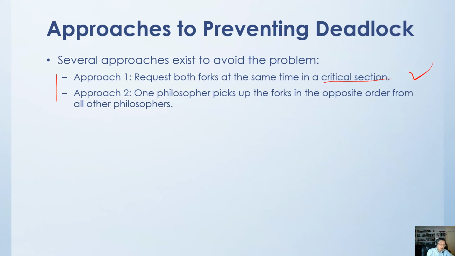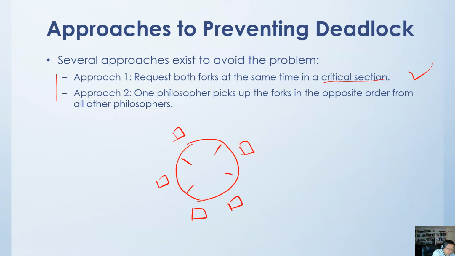Now, why can this solve the problem? I'm not going to give you the answer, but give you some kind of clue. Why does the deadlock happen? We need to discuss this. Remember, when each philosopher tries to eat, you pick up the left fork first and then the right fork.